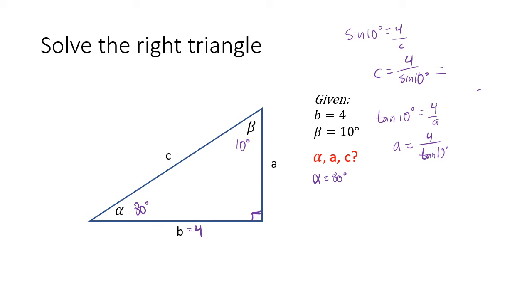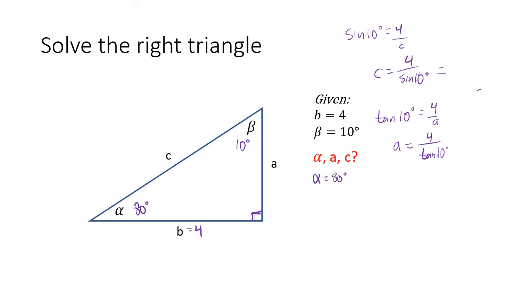So real quick, what are these things? 4 divided by the sine of 10 degrees, and we're already in degree mode, so I don't have to worry about that. That's not right. What did I do wrong there? Hold on. Sine is opposite divided by hypotenuse. We solve that for C, sine of b is 4 over C. Oh yeah, that makes sense. Sorry.